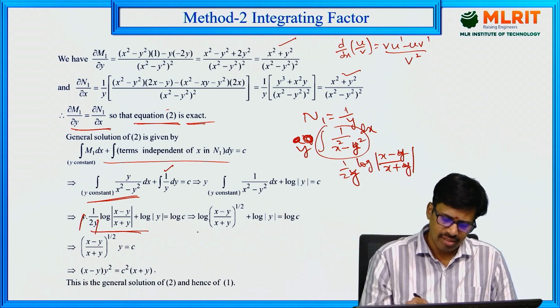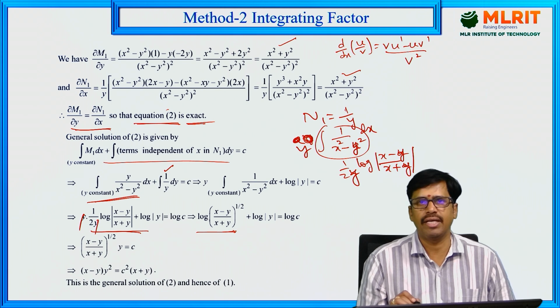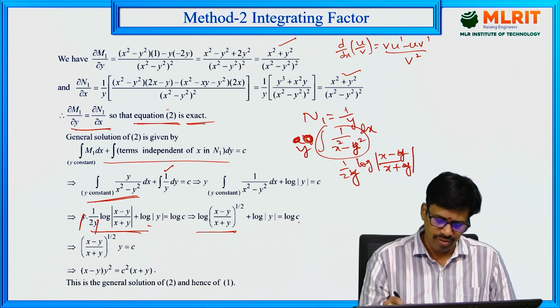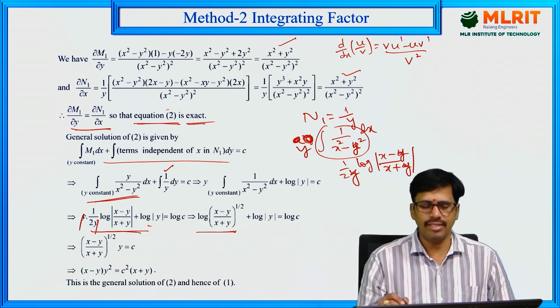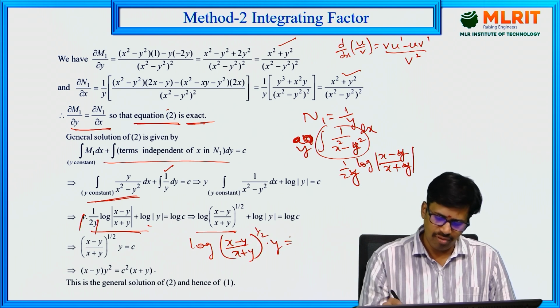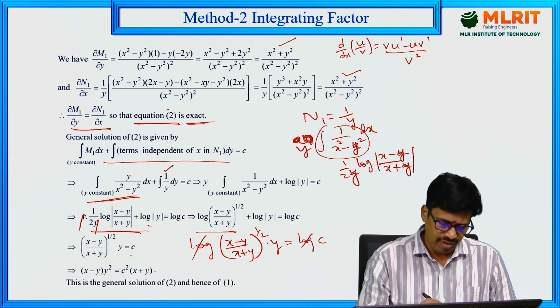That is log of ((x minus y) by (x plus y)) power 1 by 2 plus log mod y equal to log c. Log a plus log b can be written as log ab. So this can be written as log of ((x minus y) by (x plus y)) whole power 1 by 2 into y is equal to log c. So on both sides log gets cancelled. We get this.